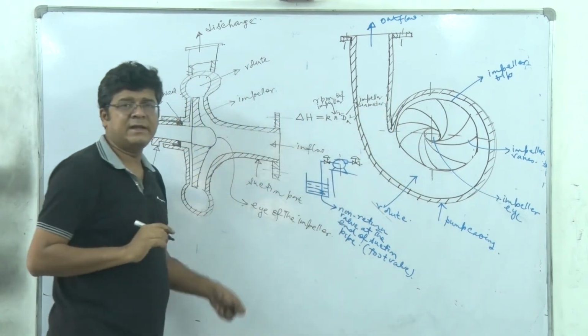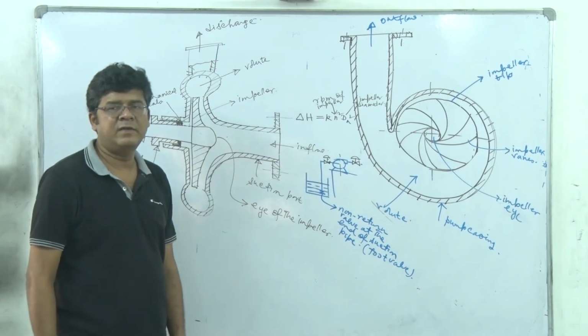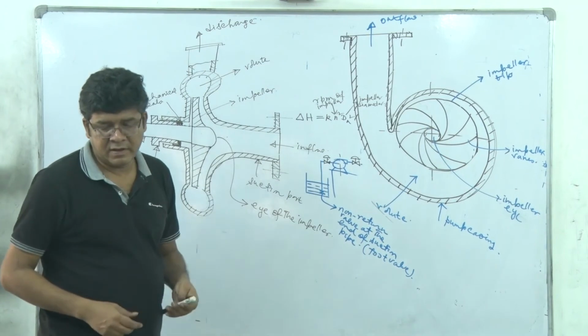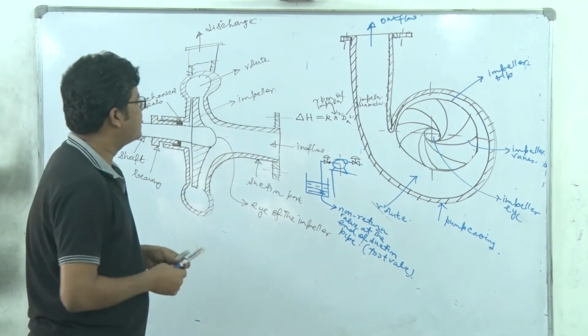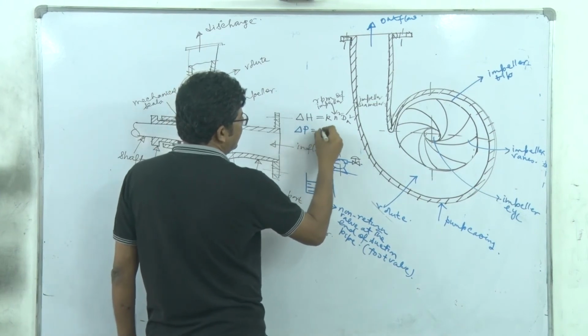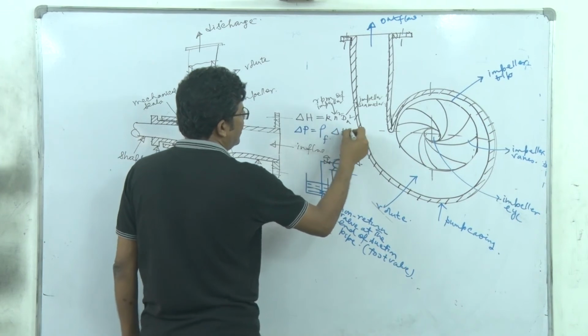So the head developed by a centrifugal pump is independent of the fluid properties. Now the point is, the pressure developed is rho fluid into head developed.